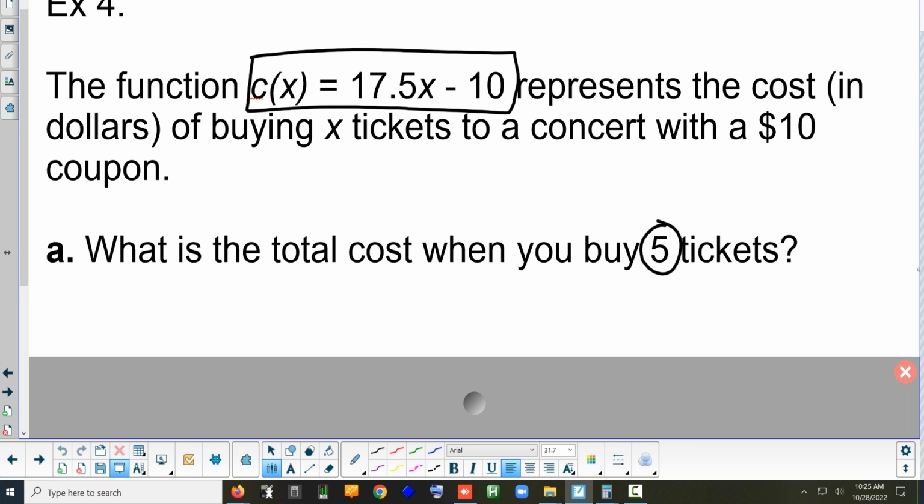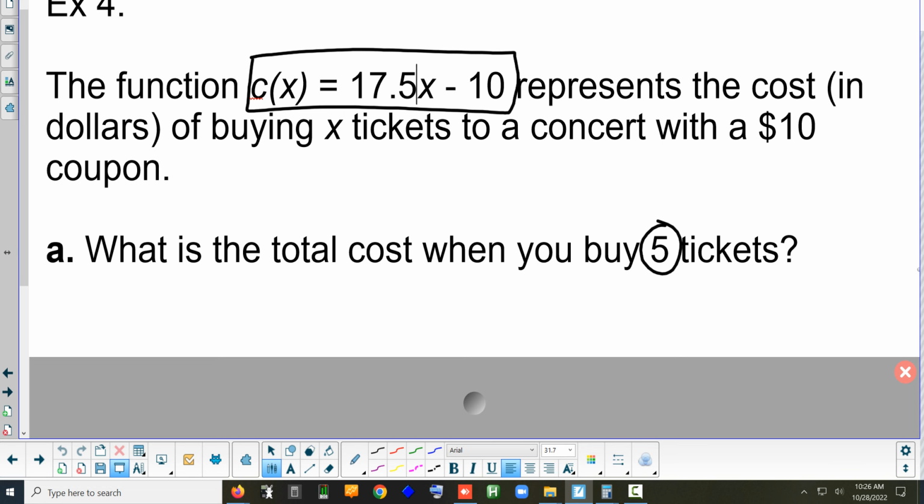Well, let's start with what the 5 is. What does 5 represent? It's the amount of tickets needed. So what in that formula represents tickets? C of X or X?